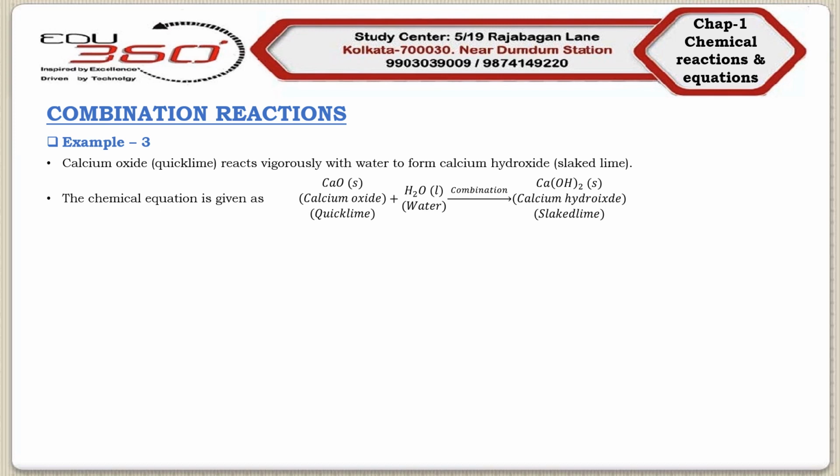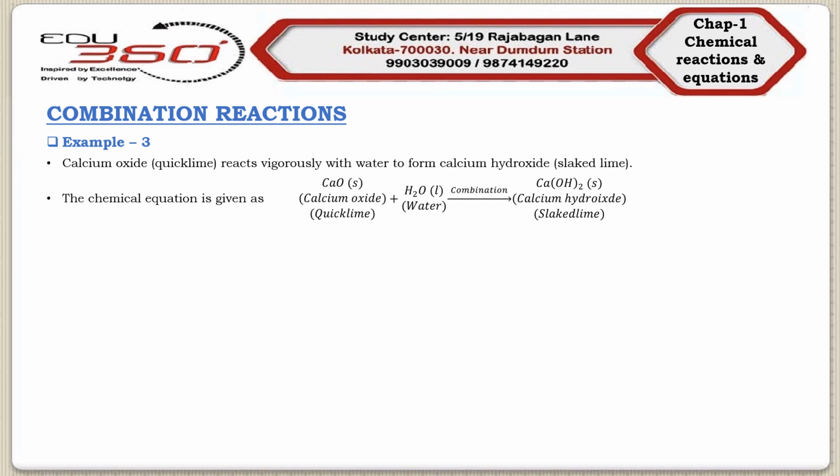CaO is calcium oxide, known as quicklime, which is a solid. H2O is water, which is a liquid. Ca(OH)2 is calcium hydroxide, known as slaked lime, which is again a solid.